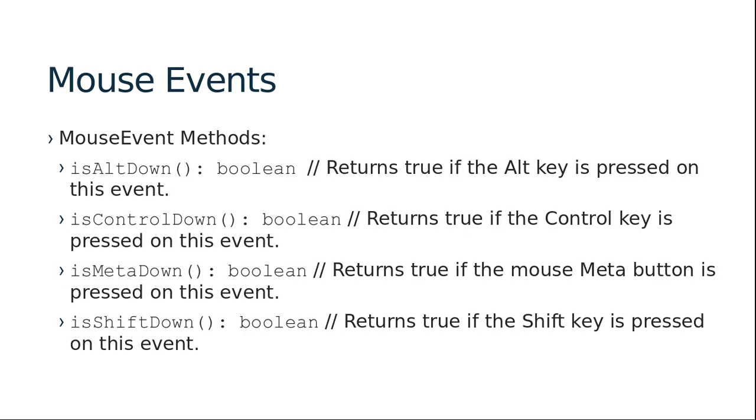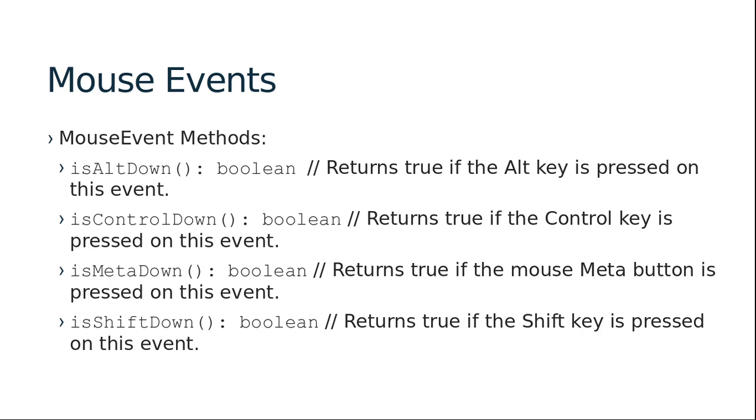And then there are a few other methods which will only check, while clicking a mouse button, if the Alt button on the keyboard is pressed or not, Control button is pressed or not, Shift button is pressed or not, Meta button is pressed or not. The Meta button is generally placed on your keyboard just right of the space bar.